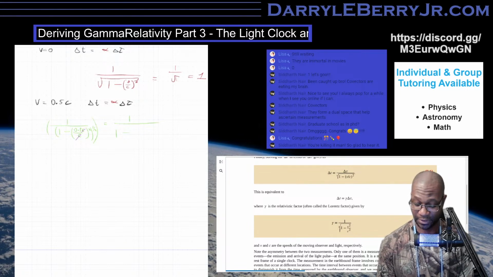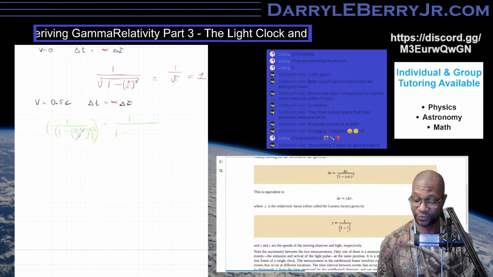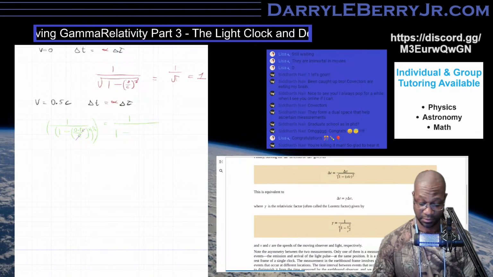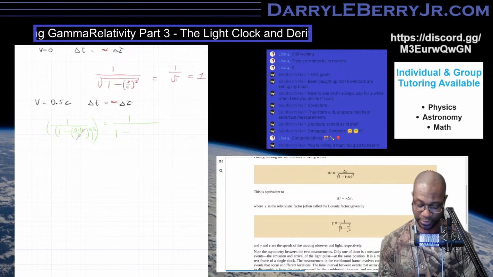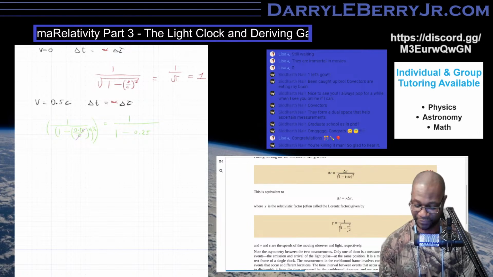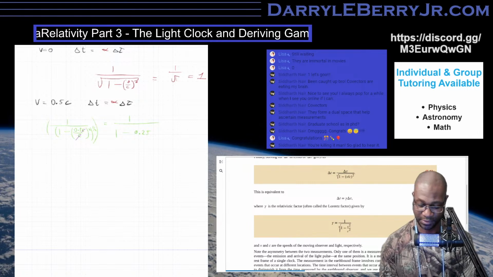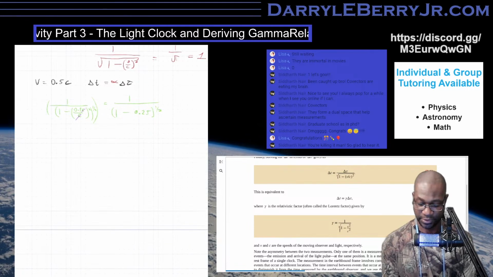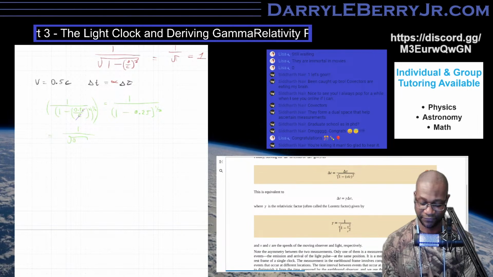But then we'll have 0.5 squared. Oh, that should be 0.25. That's why I remember in class they always pick round numbers. Half of a half has to be 0.25. And this is going to be the square root of that. So then we have 1 over the square root of 0.75.